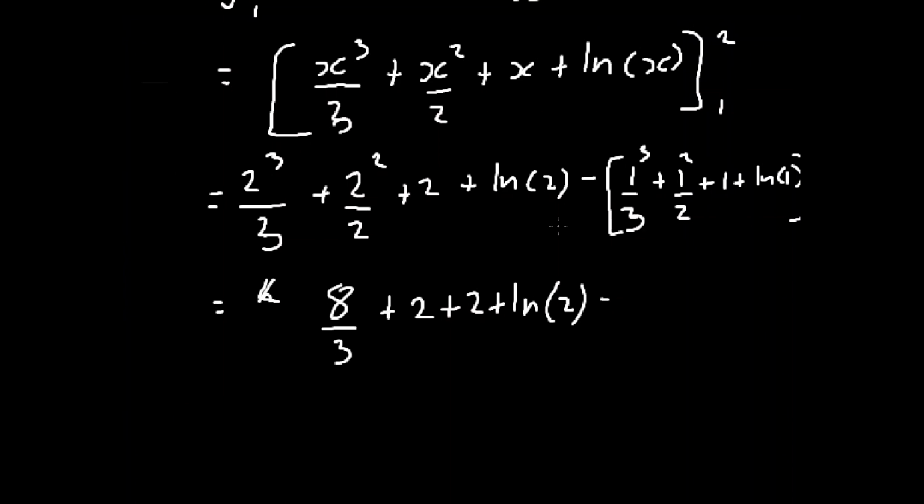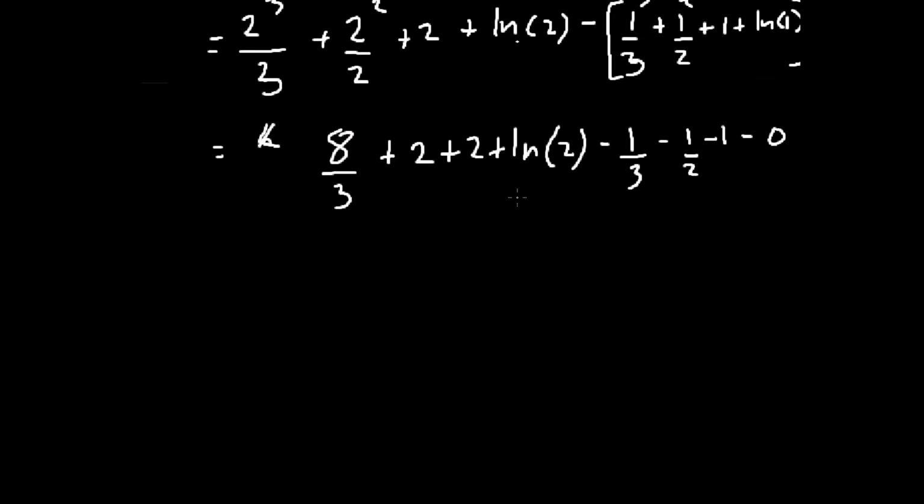And then this is like saying minus 1 divided by 3, right? And then minus 1 divided by 2, minus 1. Now ln of 1 is equal to 0. I'll show you why.